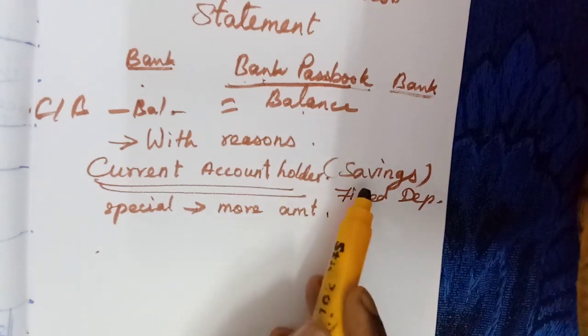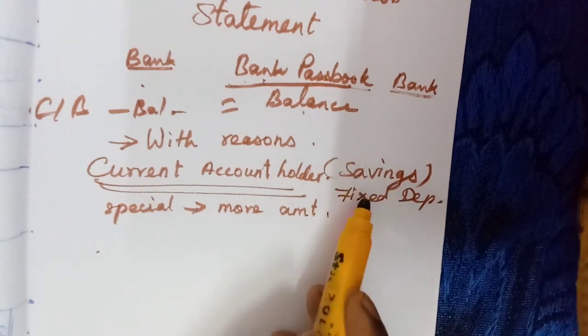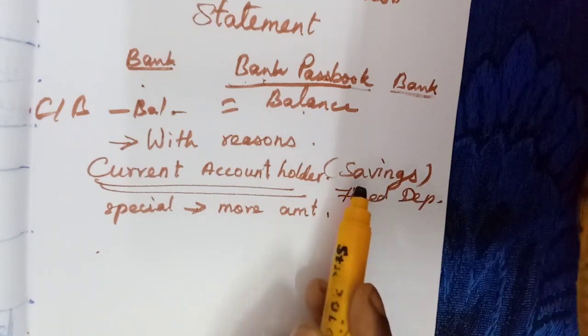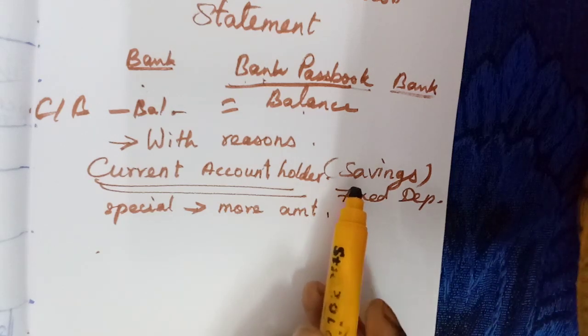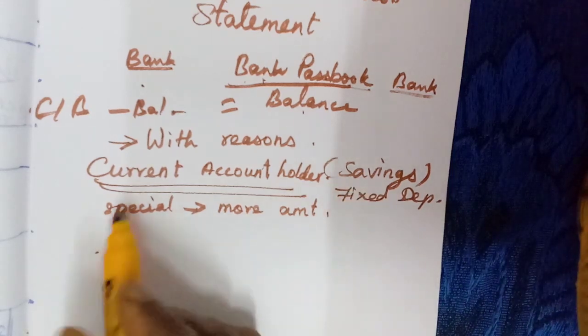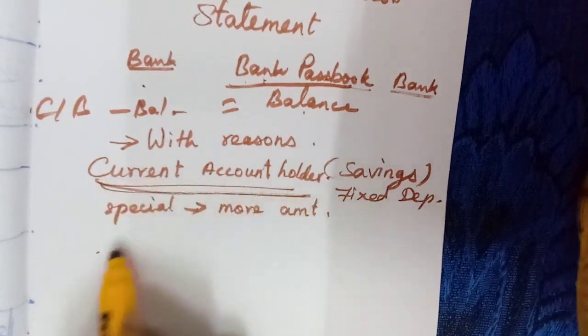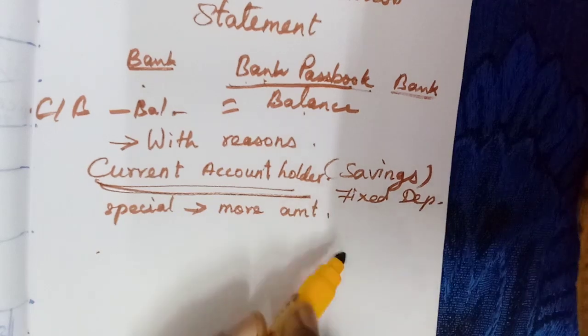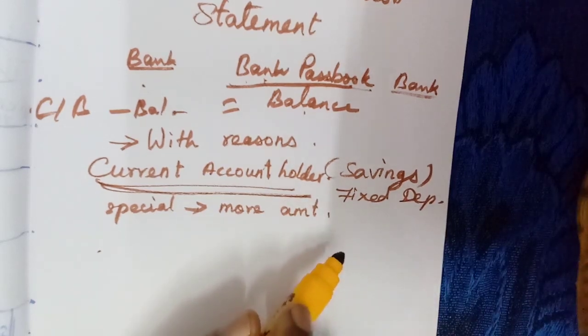The savings bank account is the same thing, isn't it? They may not allow us to withdraw the full amount; 500 or 1000 will be the margin amount. Leaving that amount only we are allowed to withdraw. But only the current account holders are allowed to withdraw more than what is available in their account.